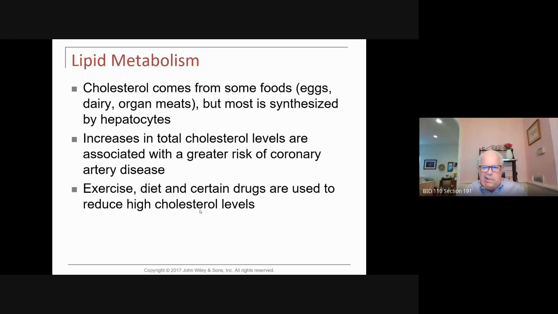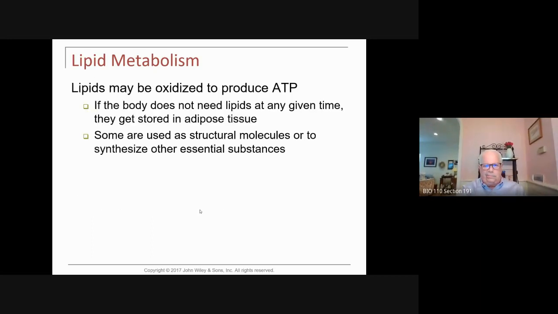Exercise, diet, and certain drugs are used to reduce high cholesterol levels. And remember, HDL is good and LDL is bad. HDL, the high density lipoproteins, is known as happy, and LDL, the low density lipoproteins, is known as lousy. So that's how you know the difference between HDL and LDL.